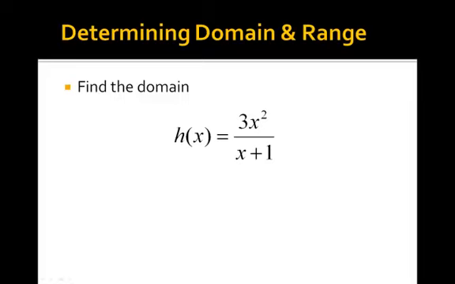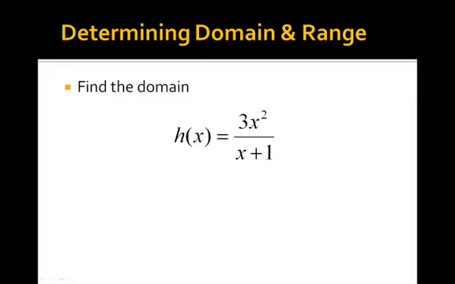So we want to eliminate any numbers that would make it negative underneath. So let me show you a quick example of what I'm talking about. Here I have written a function and I'm using an equation to basically do that. Now first I'm going to assume that all real numbers will work in my domain. But when I start to examine it a little bit closer, I notice that it has basically a giant fraction in it. So I start to worry about where the bottom might equal 0.